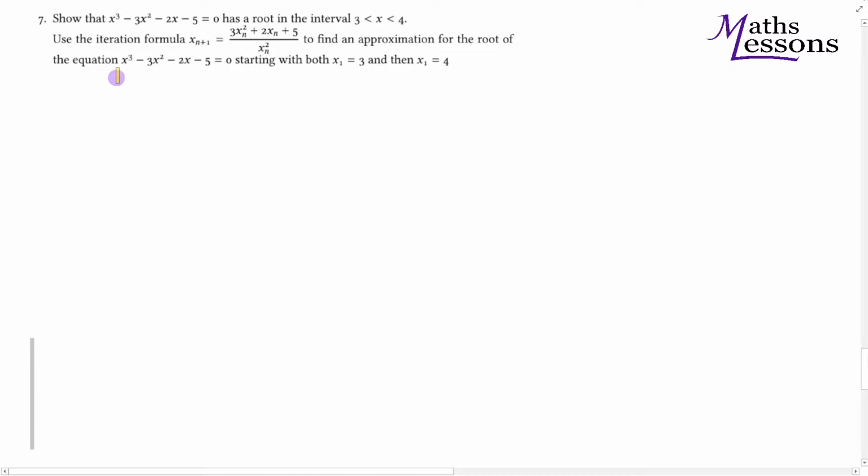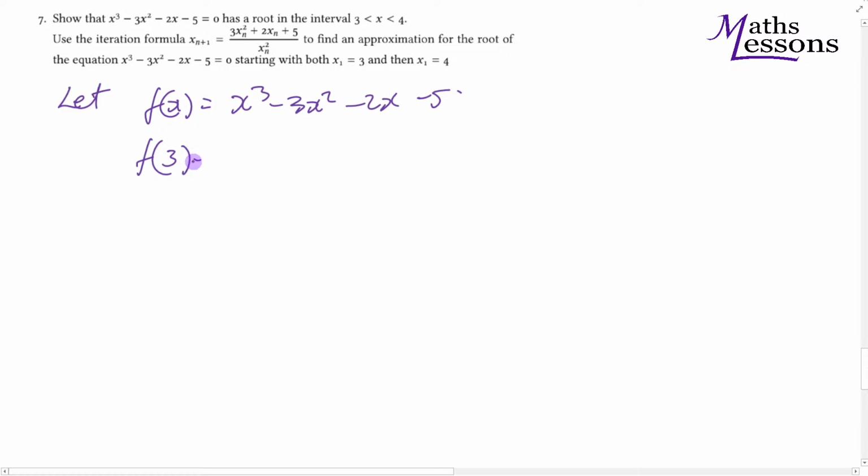So if we let f of x equal x cubed minus 3x squared minus 2x minus 5, then f of 3, put 3 into this, 3 cubed minus 3 times 3 squared minus 2 times 3 minus 5, and we get minus 11. And if we do f of 4, 4 cubed minus 3 times 4 squared minus 2 times 4 minus 5, we get 3.